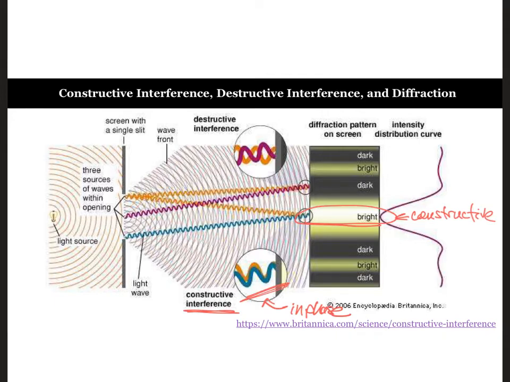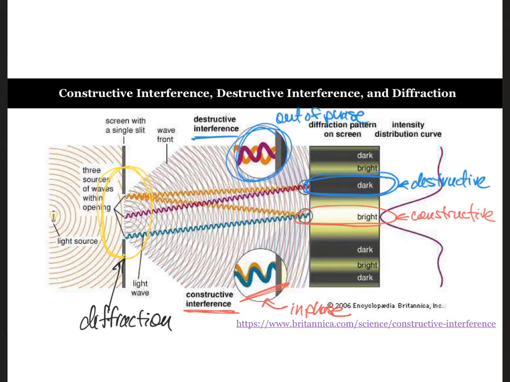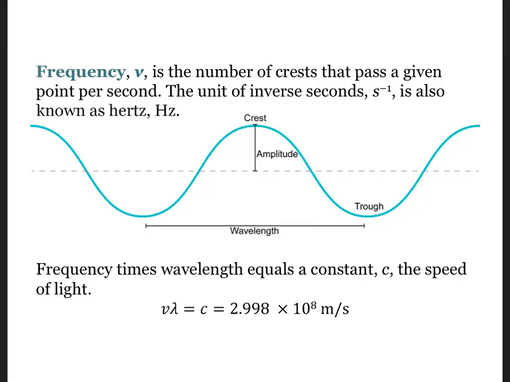These lead to brighter areas on a screen when waves from a light source travel through an opening and are diffracted, or spread out as a result of traveling through a narrow slit. Destructive interference occurs when waves that are precisely out of phase add together, canceling out all the peaks and valleys. These are the dark spots on the screen.